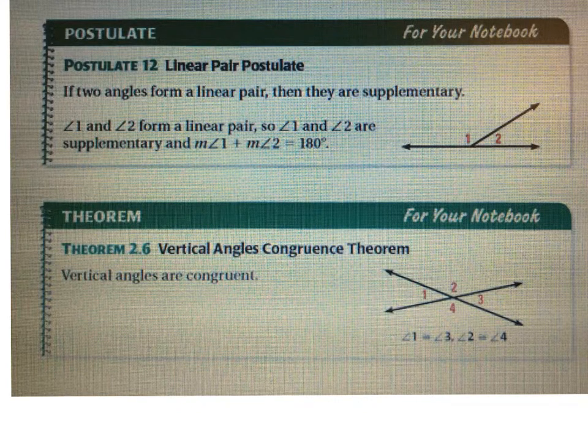So you're going to see a lot of situations like the bottom illustration here, the one for theorem 2.6, where you have the two intersecting lines and they form a couple sets of vertical pairs, angle 1 and angle 3, and angle 2 and angle 4. And then, of course, you have your linear pairs there too: angle 1 and angle 2, angle 1 and angle 4, angle 2 and angle 3, angle 3 and angle 4. I think I got all of them there.